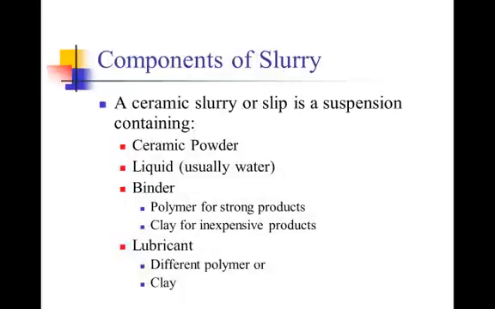So what's in this slurry, this powder suspension? Well, we of course have the ceramic powder in there, and then we'll have some type of liquid. Usually the liquid can simply be water, and we have to have a binder to get the ceramic particles to stick to each other once we press them or cast them into the new shape that we want them to take.